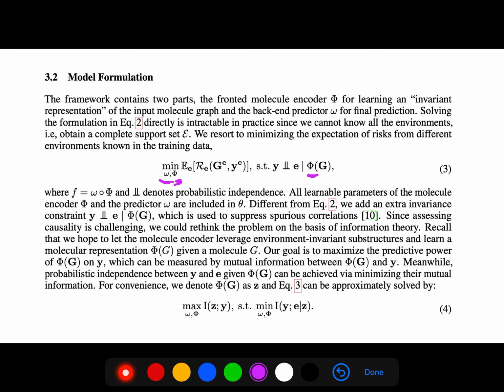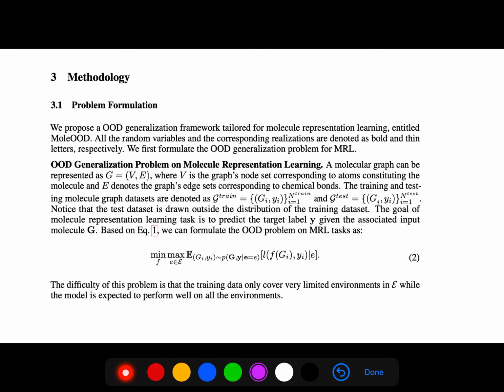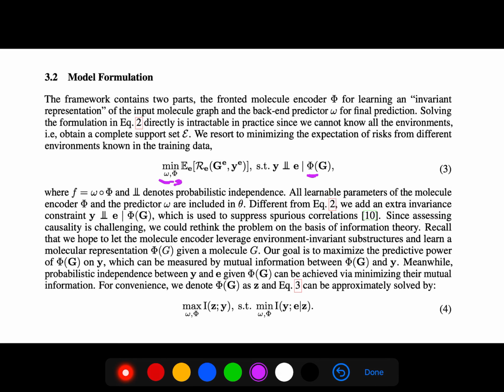And solving this min-max of expectation of loss is intractable in practice, since we cannot know all environments. For example, we cannot have a complete support set. So we resort to minimizing the expectation of risks from different environments known in the training data. And this symbol here is just showing the probabilistic independence.